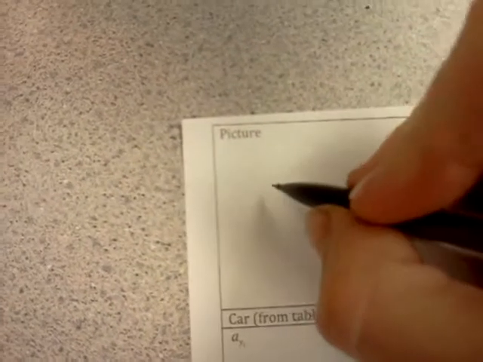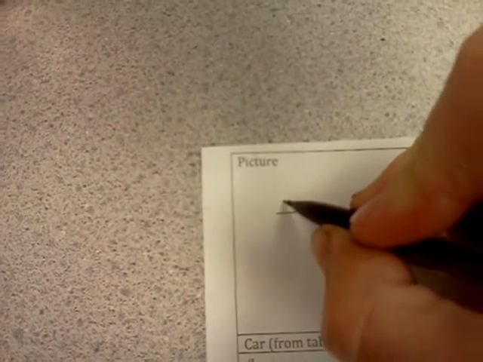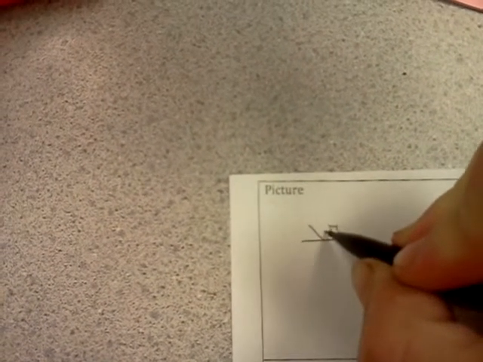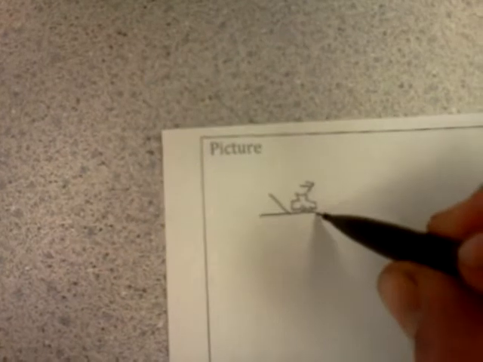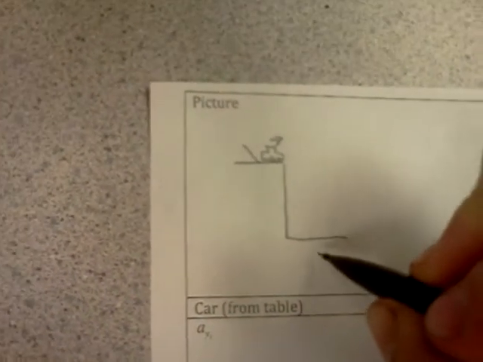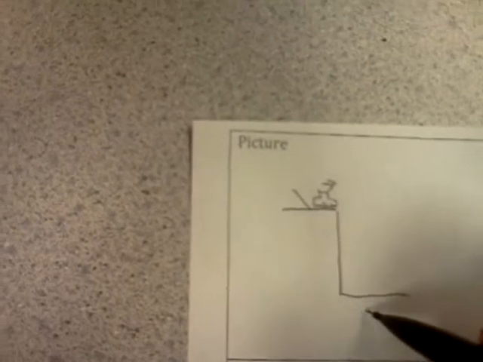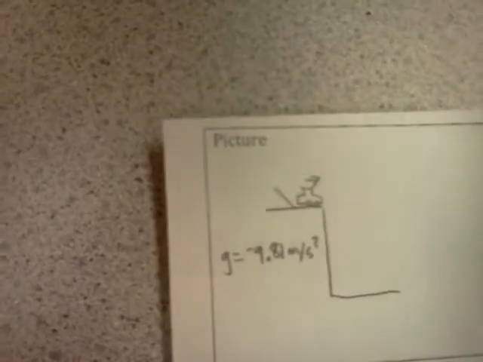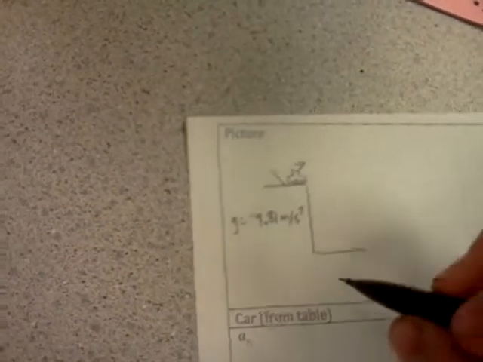So on my sheet, I'm going to draw a picture of what was happening. We have our table, there's a ramp, and my car is going to leave with some initial velocity. That initial velocity is what we want to calculate. I measured that my car landed 31.2 centimeters away. But I need to convert that into meters because I know that gravity is negative 9.81 meters per second squared, and since gravity is measured in meters, I should measure my distances in meters as well.